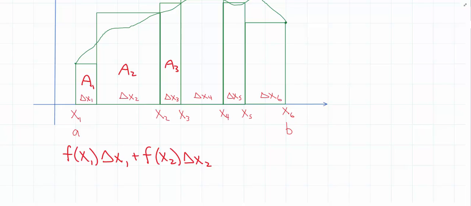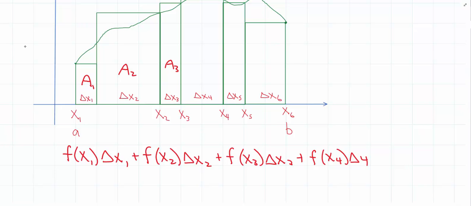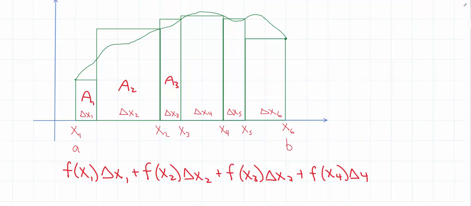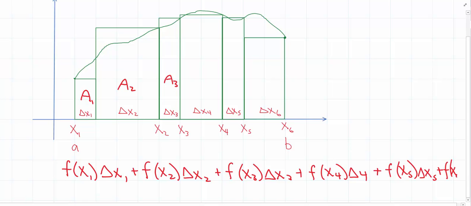And you can see where I'm going with this: f of x3 delta x3, f of x4 delta x4. I made it so that this rectangle comes up here to f of x4. And we keep going. Now we've got f of x5 delta x5, and finally, the grand finale, f of x6 delta x6.